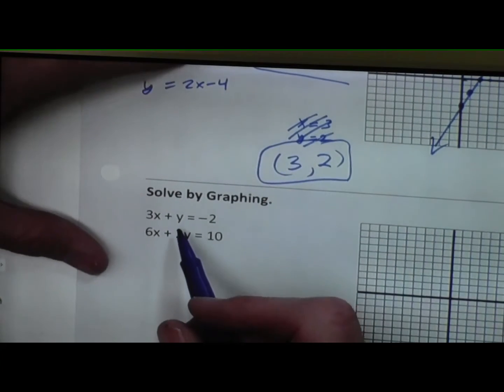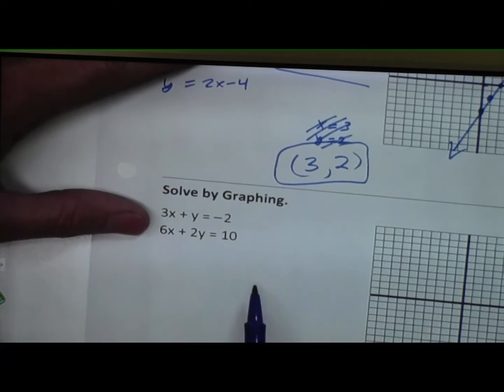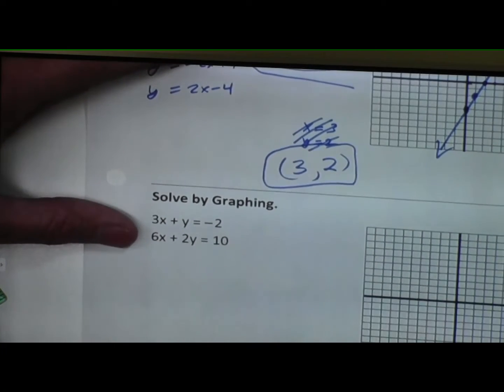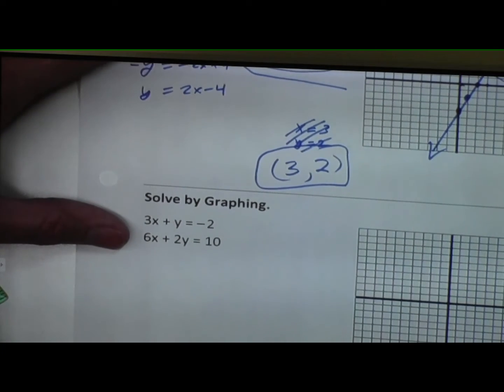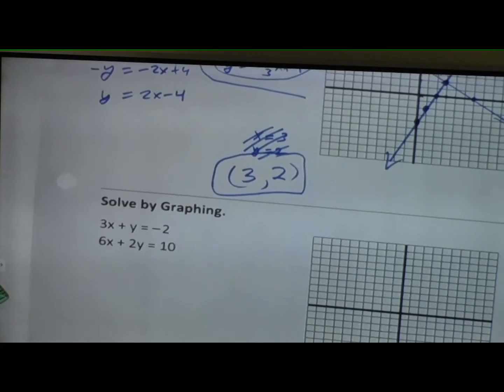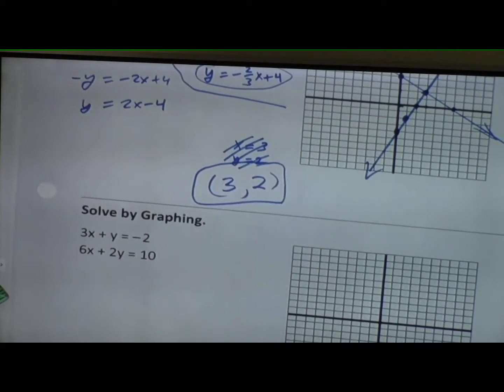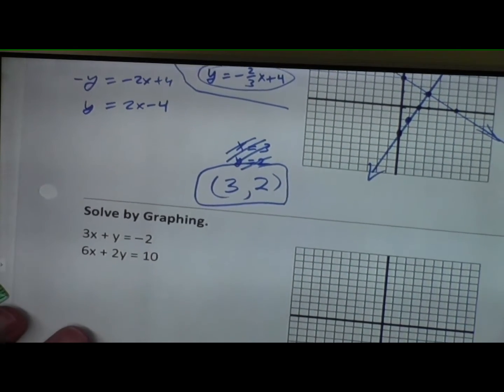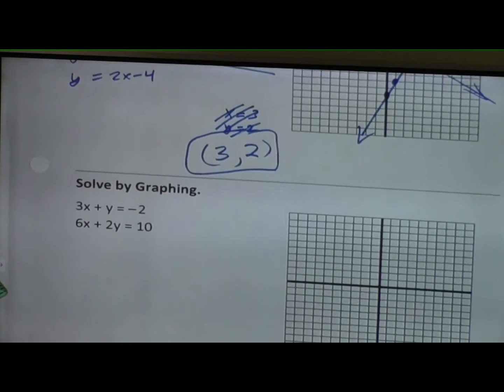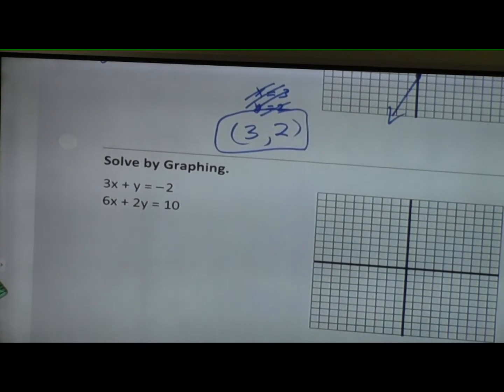Now, let's come down to the next ones here, and we're going to graph this one. In fact, you know how to graph, so please graph these two lines. And this one has a slightly different type of result. I'm using these next two to illustrate a different type of result, which you should know already. You just won't remember it till you see it.